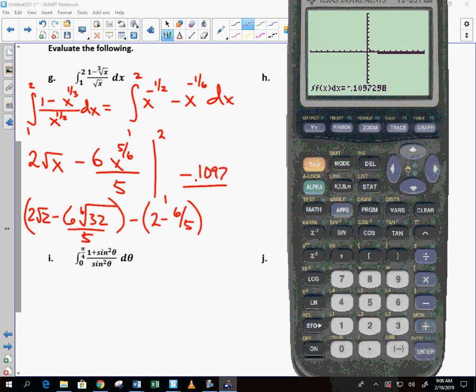What I really wanted to see is, does the graph sit below the x-axis? And it does. If you take your window and set your y value from -1 to +1, that should give you a really good indication of whether the graph sits below the x-axis. And you can see that it does. So an answer of negative 0.1097 seems reasonable. Any questions for that first one?